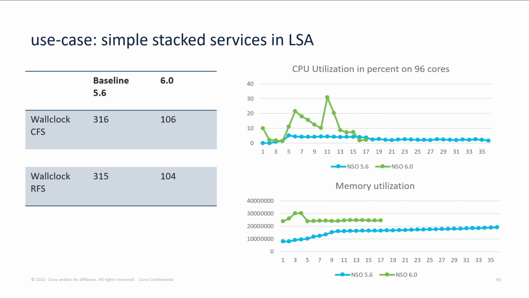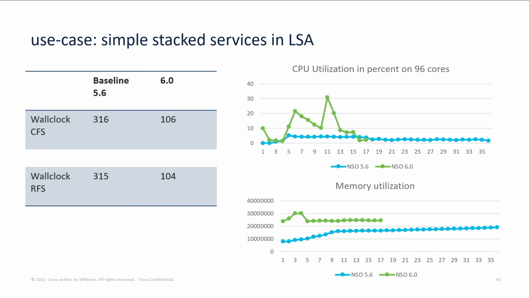This one is an LSA with 2 nodes, one CFS and one RFS, which have normal services, very small, very fast services. So if you think about all the different boxes that we have moved out of the critical section, if they don't take any time, you are not supposed to find that much difference between the old and the new solution.